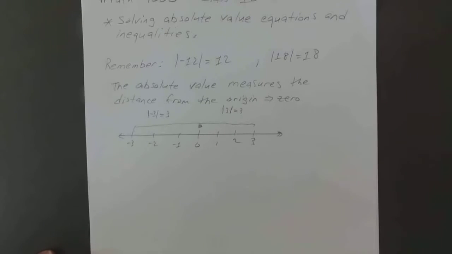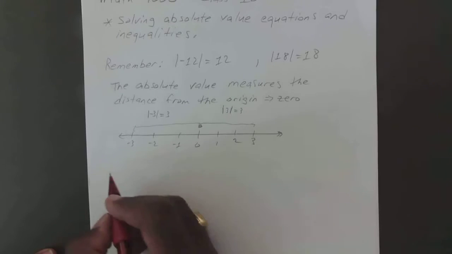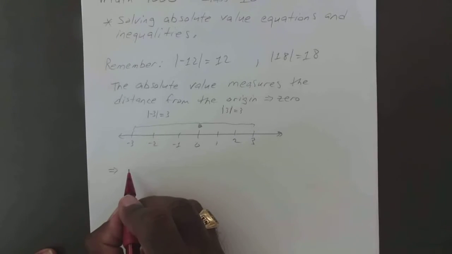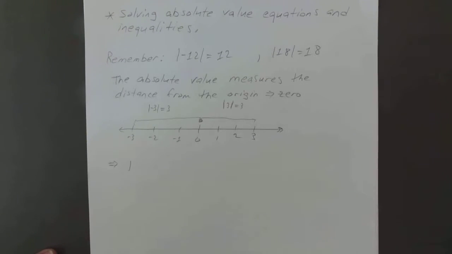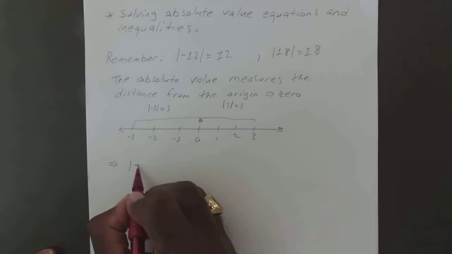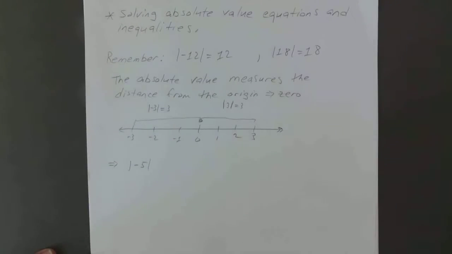Alright, so with that in mind, think of this. Let's say you had the absolute value of negative 5. We know that's going to equal 5.